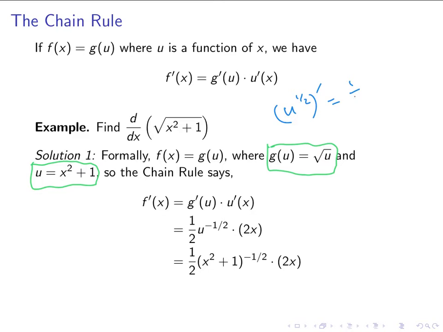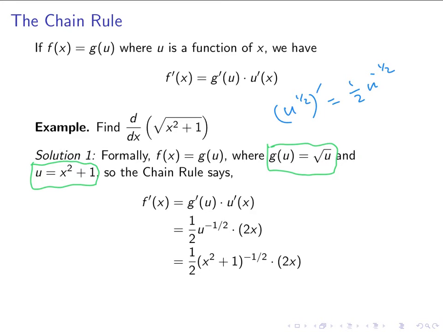And so what's happening here is just the power rule. The derivative of u to the 1/2 is 1/2 times u to the minus 1/2. So that's what's happening here. And then that's multiplied by u prime of x. And of course, here, this is u as a function of x. The derivative of x squared plus 1 is just 2x.